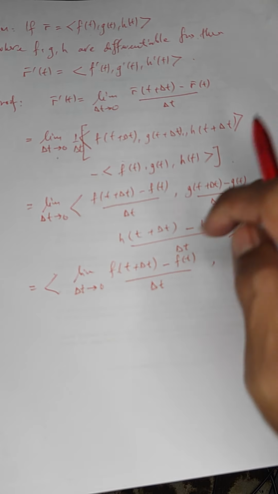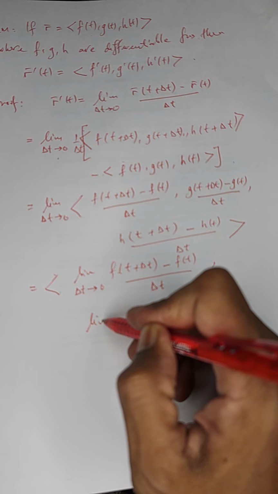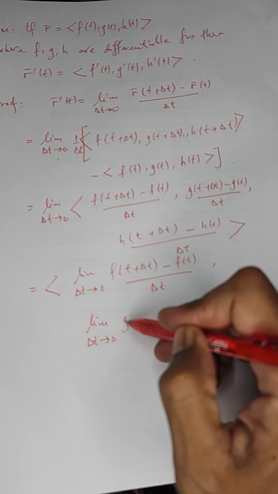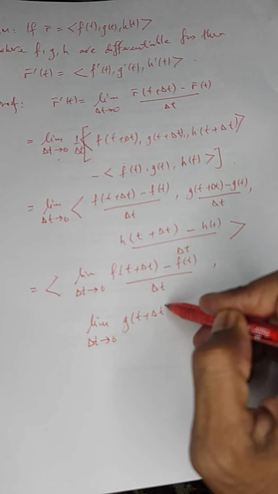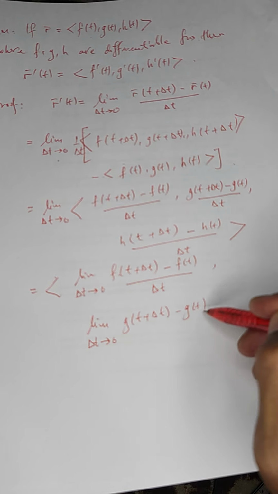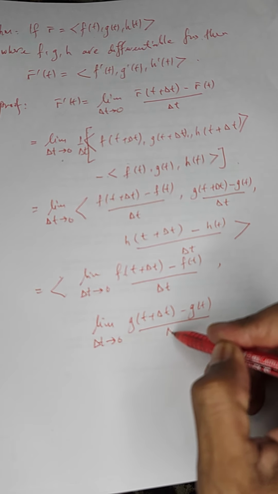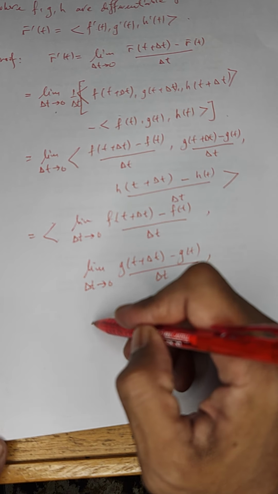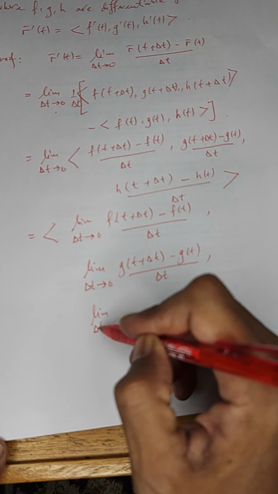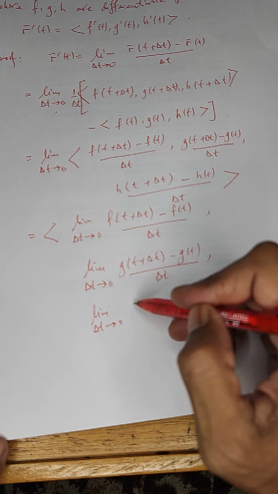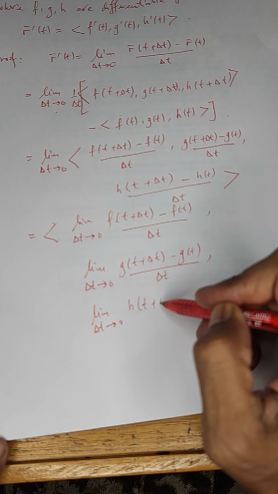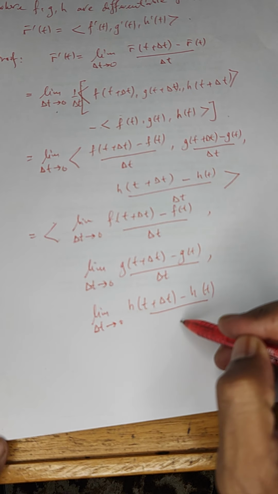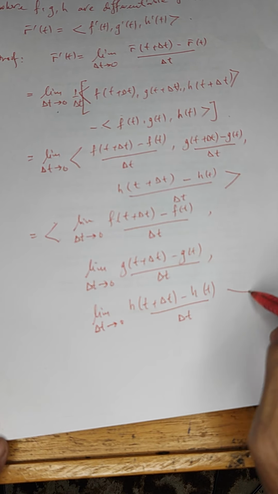For the second component we do the same with g, and for the third component, h(t plus delta t) minus h(t) over delta t.